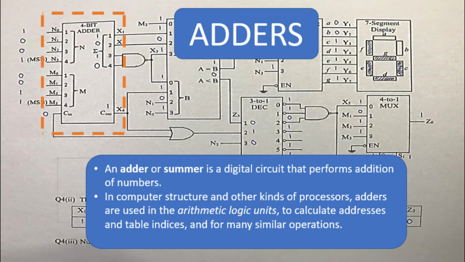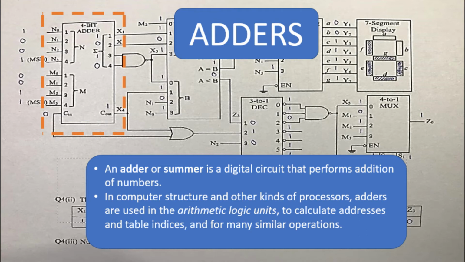After that, to get the output, C in is 0, and we need to add the M and N inputs, so it will be 1 1 0 0 added with 1 0 0 1. The working steps are shown in the assignment answer.